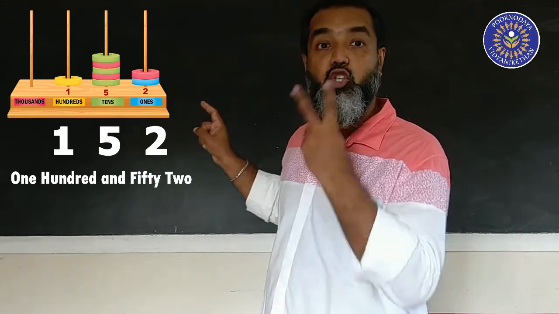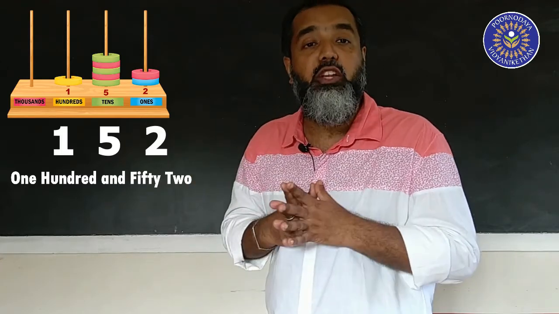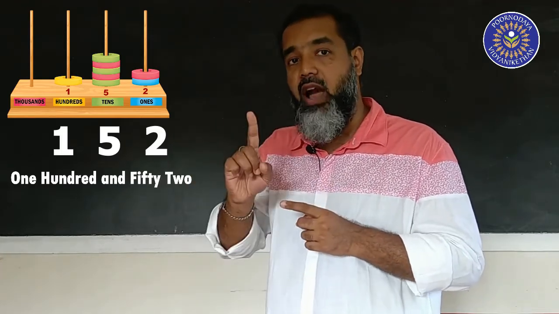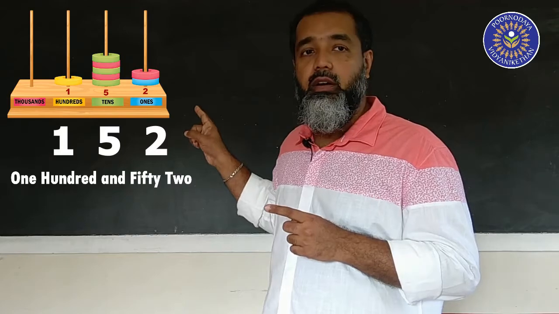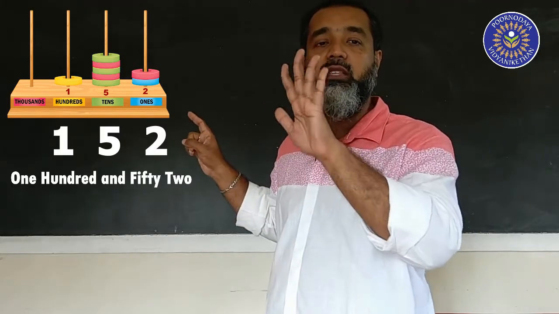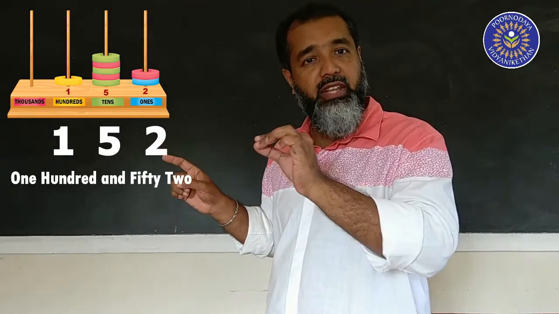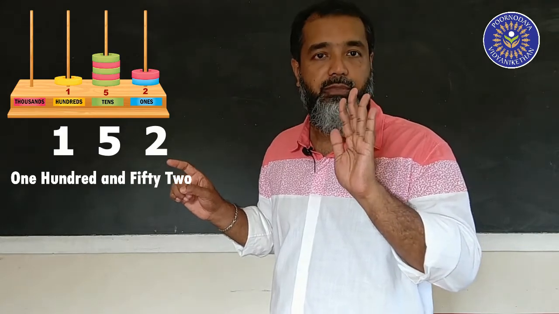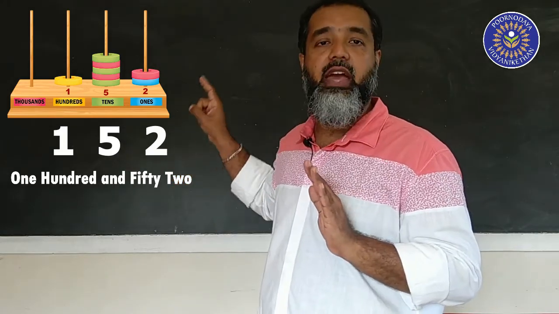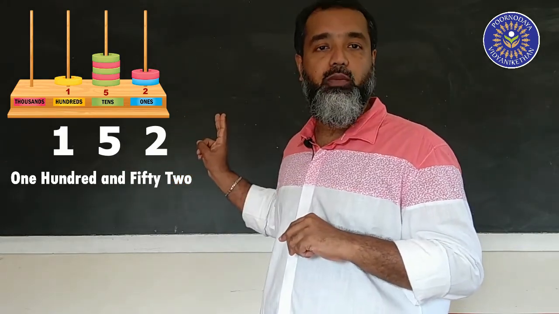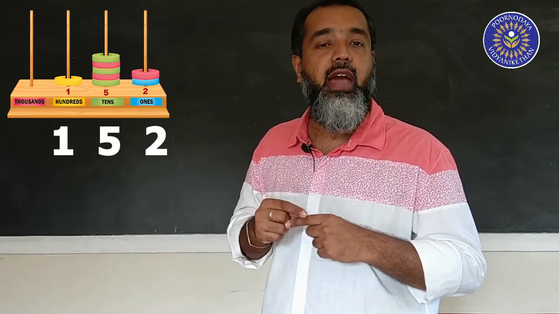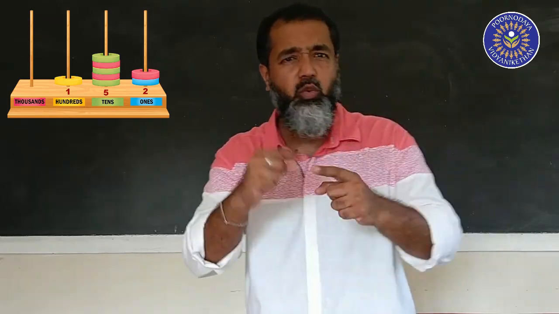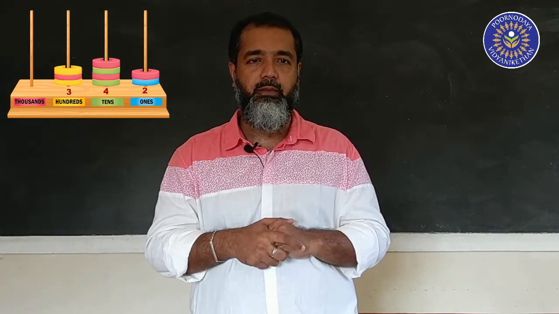What is the last? 2. 152. In the tens you have 5 rings, 5 into 10, 50. So 152. Let's try to take one more example.